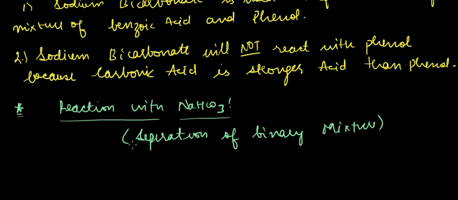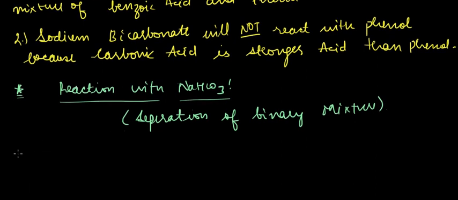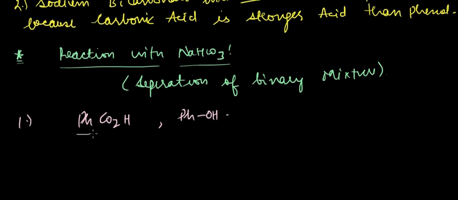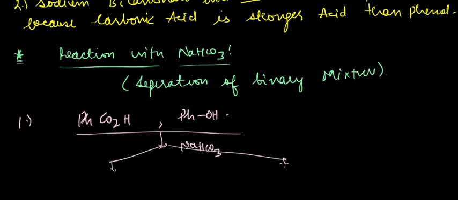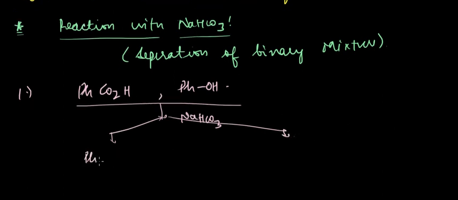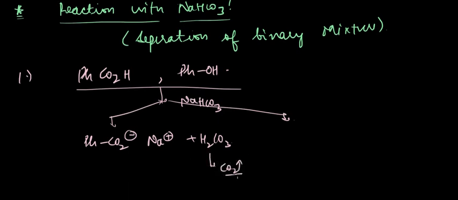Okay, so now we have something like PhCO2H and we have phenol. So when the solution undergoes the reaction with NaHCO3, the acid reacts with NaHCO3 and we get carbonic acid, from which CO2 gas is released, and the salt is soluble.